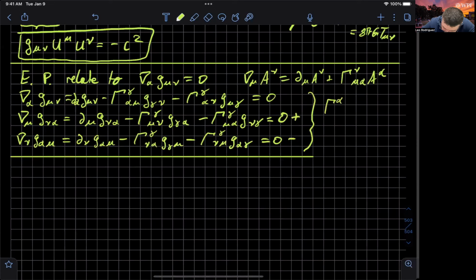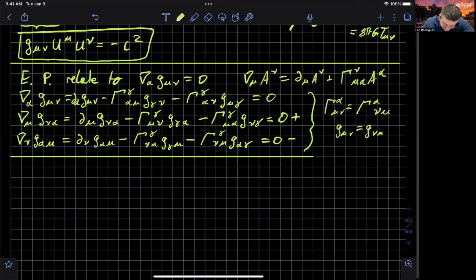So any gamma alpha mu is going to equal gamma mu alpha. And we already know the metric is always symmetric for Riemannian manifolds, which is the natural language for general relativity.